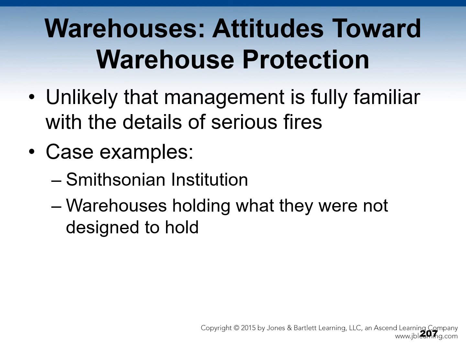Some attitudes towards warehouse fire protection boil down to management attitudes, and it is unlikely that management is fully familiar with the details of serious fires. An example is a major fire that occurred at the Smithsonian Institution. In a meeting afterwards, Arthur Brannigan was seated next to an official whom he knew had opposed the installation of a fire door.